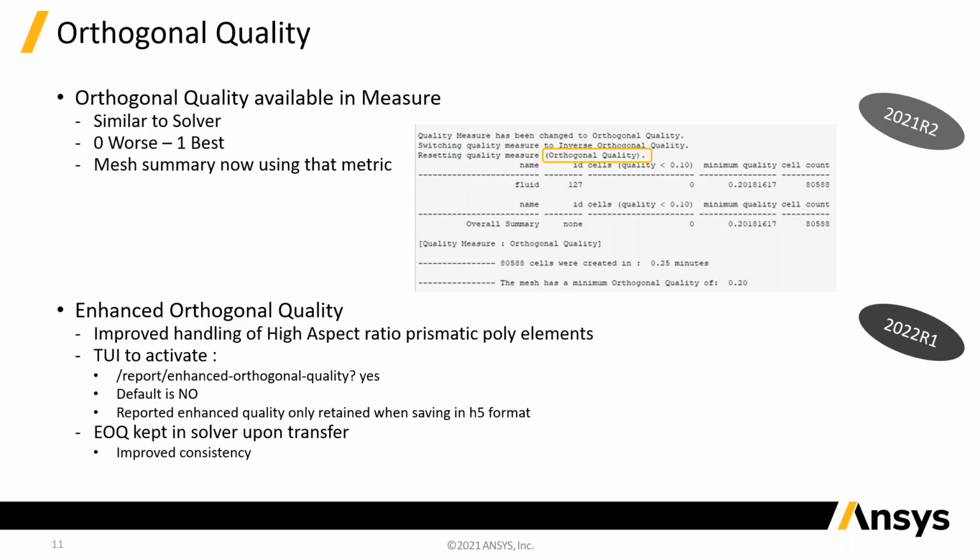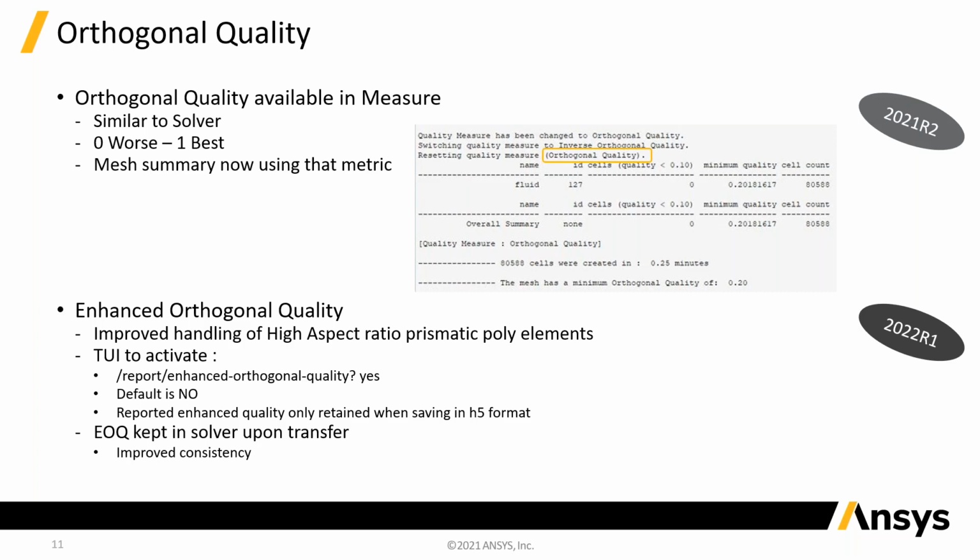These are exactly the elements you get if you're doing a very fine wall mesh when you've got a polyhedral mesh. And so they're close to the wall, usually your low Y+ meshes. And if the quality's bad there, that's an issue. Previously, you might not detect that they were bad because of the metric.